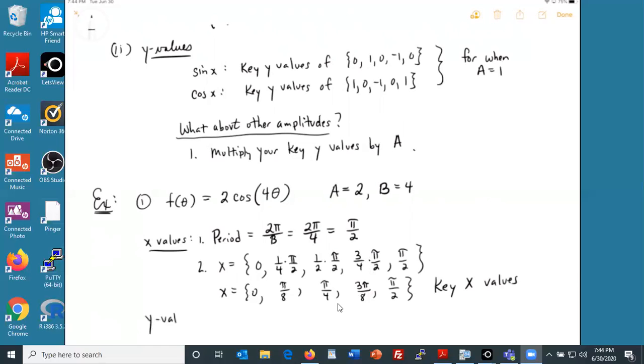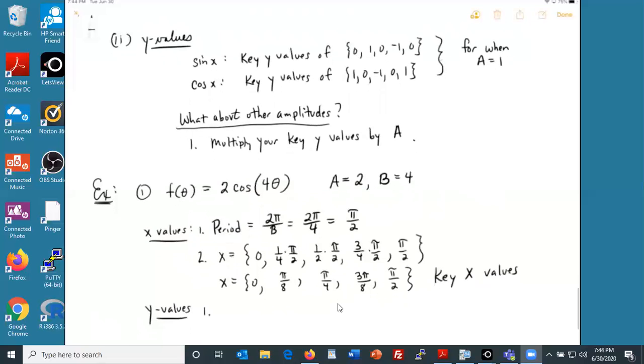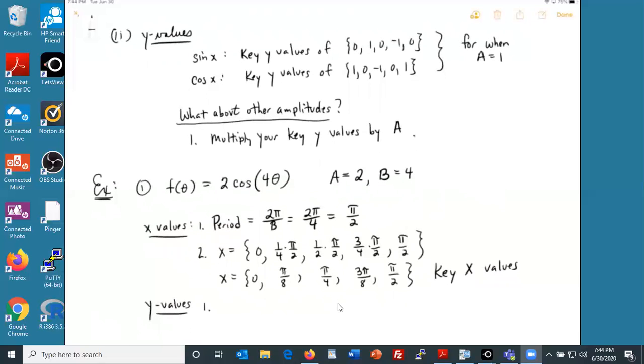Now for the key y values, remember, all I do is take the cosine, so the key cosine y values get multiplied by a. It's the cosine y values because look at the name of the equation, it's cosine, not sine.